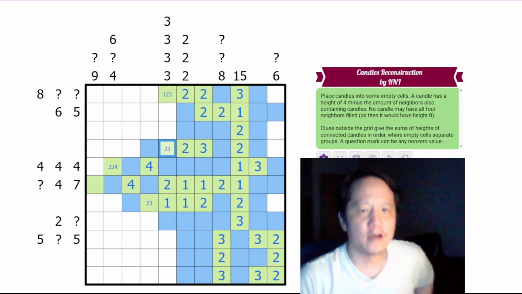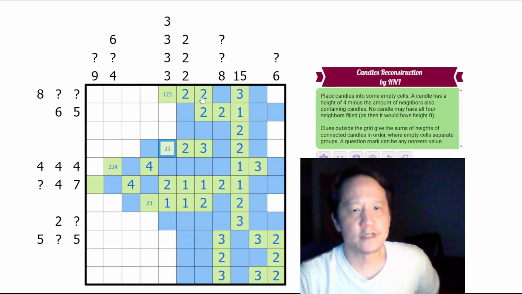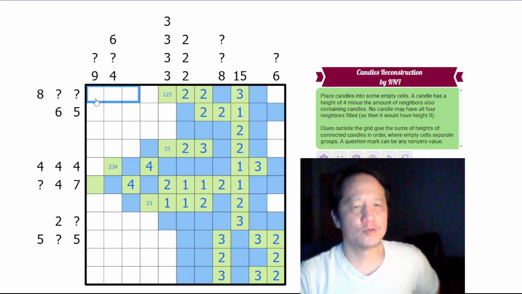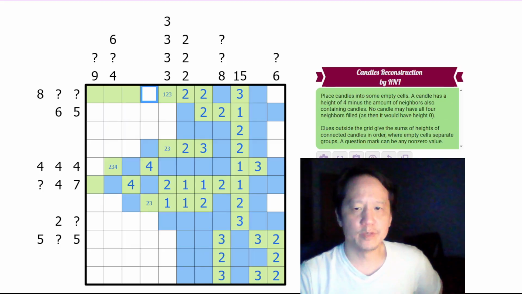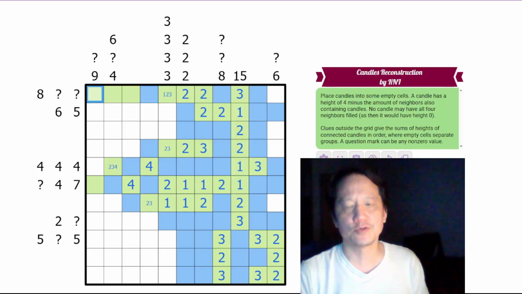We have to have 8 as a set either here, or we can try to have it here. So what happens if we have it here? Then this would be 3 greens. This would be blue. It would have to be 3, 2, 3, which would mean this is blue.